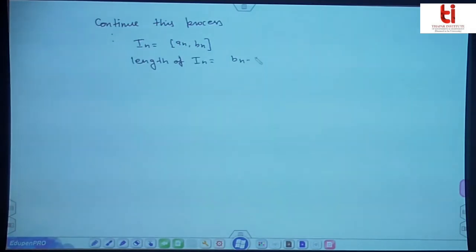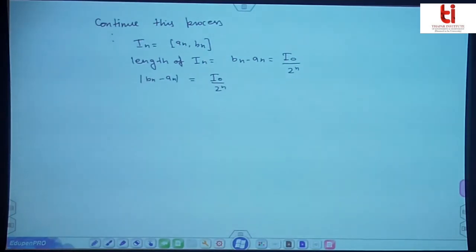Bn minus An, or it can be written as I naught upon 2 raised to power n. Okay, so the length of In is equal to I naught upon 2 raised to power n.